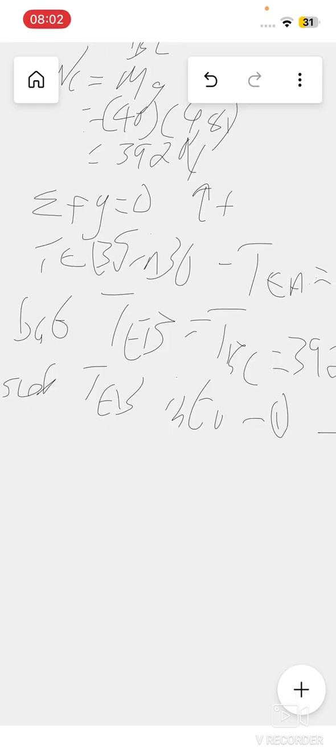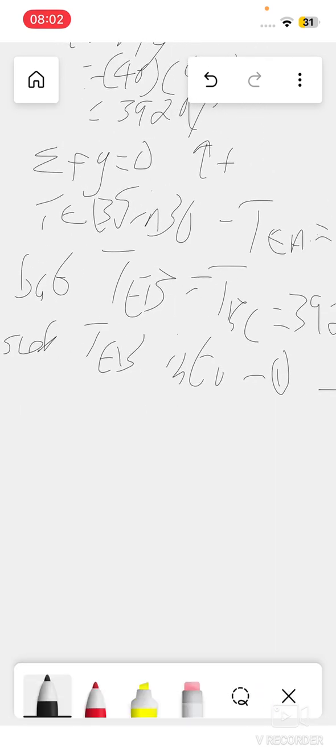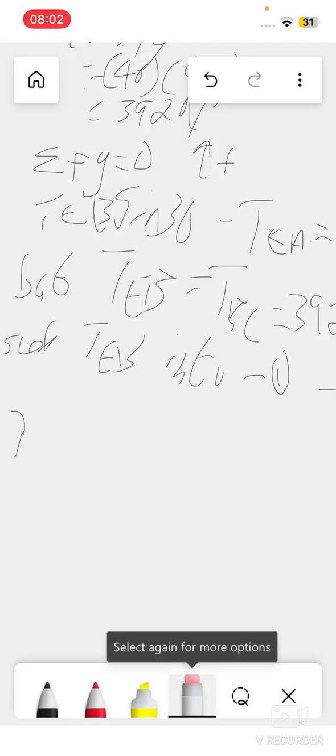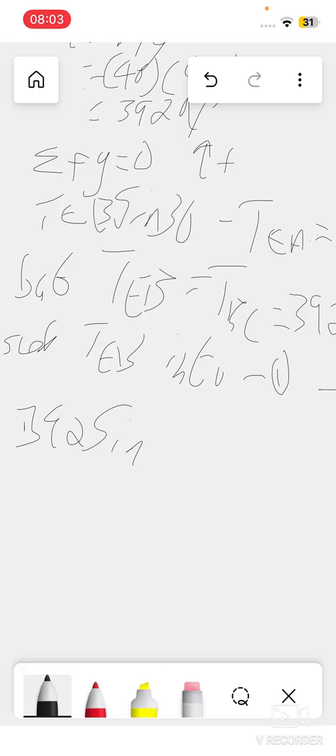Equation 1 is TEB sine 30, so we have 392 sine 30.